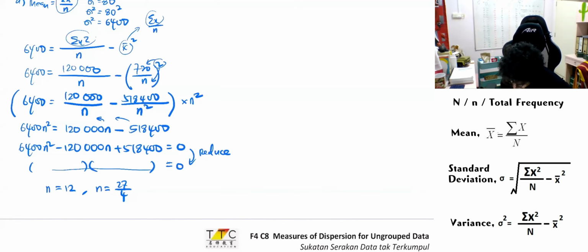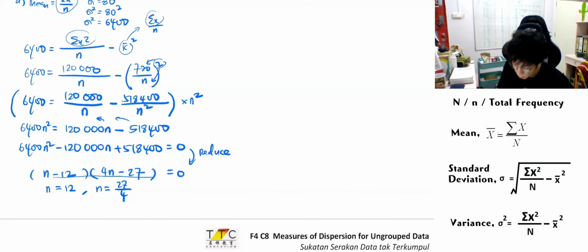Bracket equals 0, correct? So this is N minus 12, and this is what? Okay, this is 4N minus 27. Now everyone, let me show you something. I'm going to move down a bit. The moment when we expand this, take a guess.